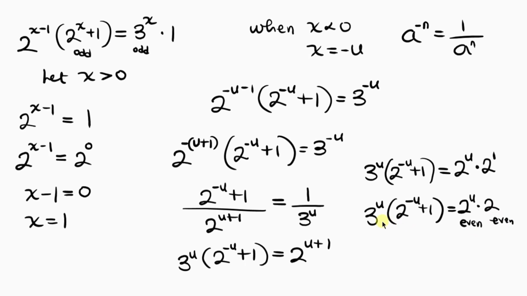But what we have on the left, this is odd, and this is also odd. You notice that the left hand side and the right hand side are not the same. So there is no solution for when x is negative. So the only solution we have for this question is x equal to 1.